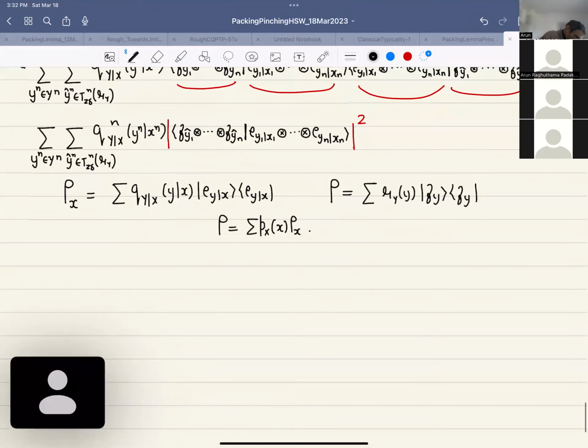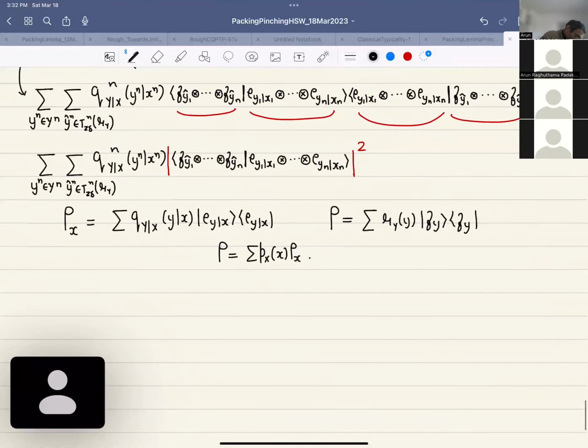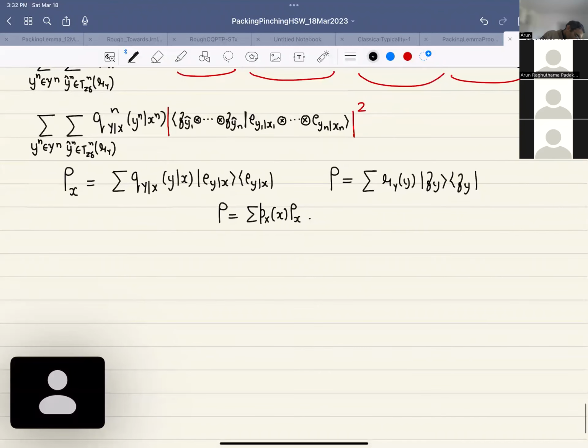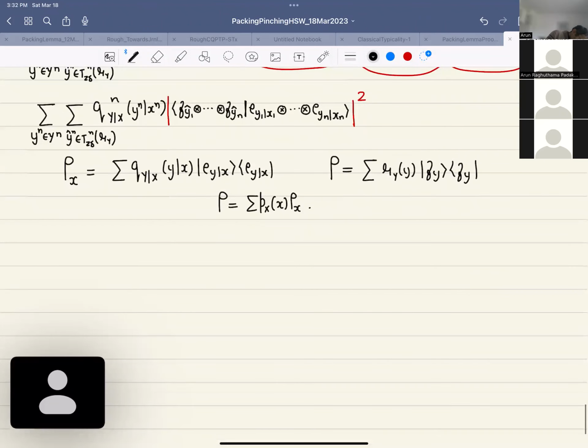Okay, we'll do one small trick here. Let us define a new distribution, a completely new distribution. I want to use a completely different letter. So let's say I'm going to use the letter G. G is a distribution, okay?